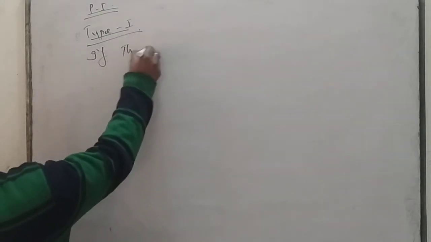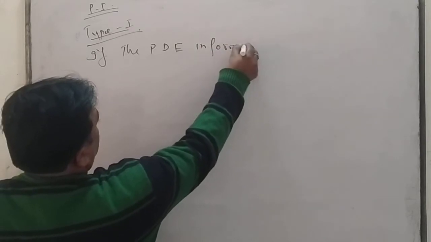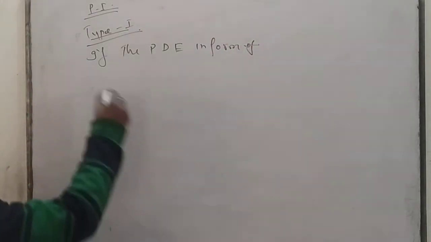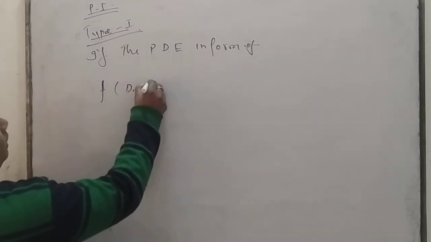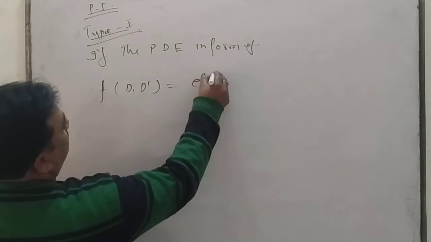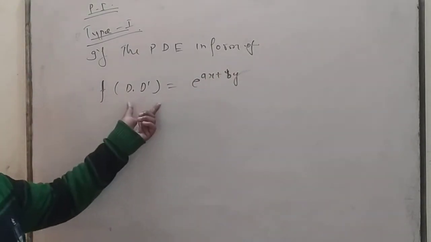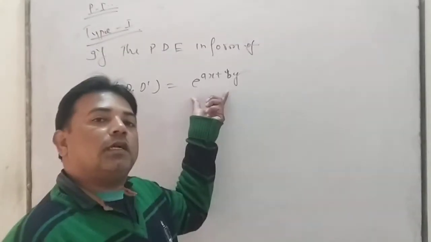If the PDE is in the form f(D, D dash) z equals e to the power ax plus by. Here f(D, D dash) is the operator form and e to the power ax plus by is the RHS of the partial differential equation.